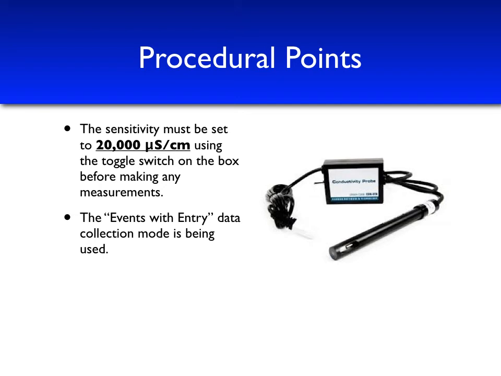In part 2, we can use events with entry to do our titration, where we enter the number of drops of acid added for each conductivity measurement. Events with entry allows us to basically record data at different points during the experiment, creating either a data table or a plot.